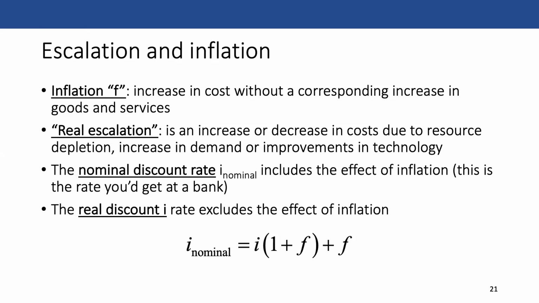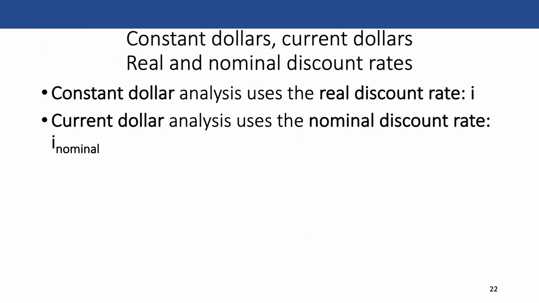We won't worry about this too much in this class, but it's a good concept to keep in mind as you think about looking at historical prices versus prices today. You always need to be aware if you're looking at nominal dollars versus real dollars, because nominal includes the effects of things like inflation.